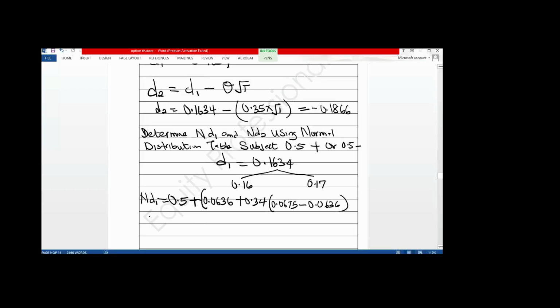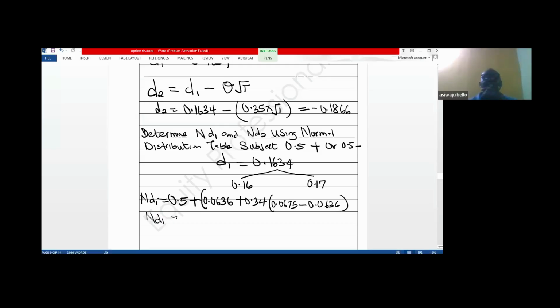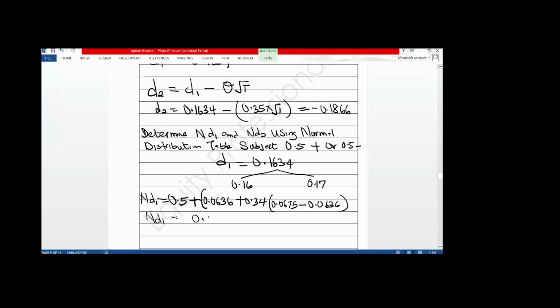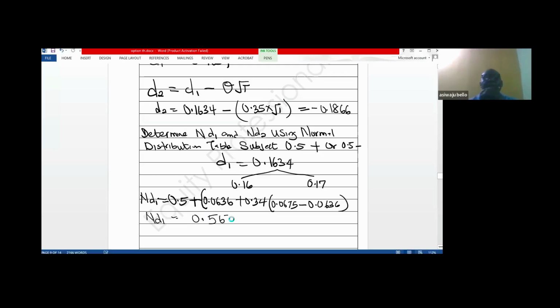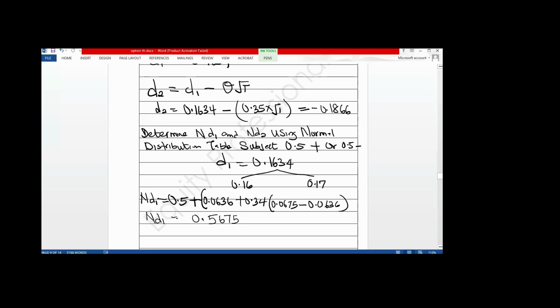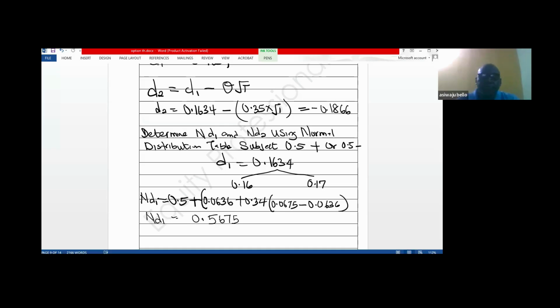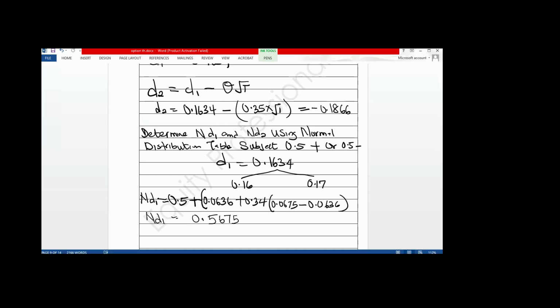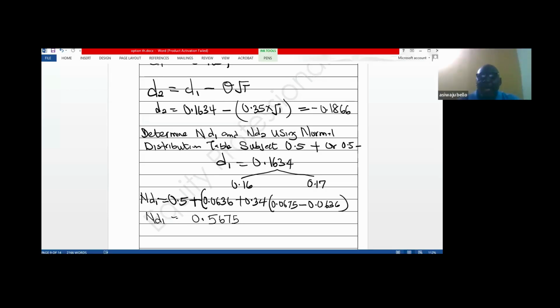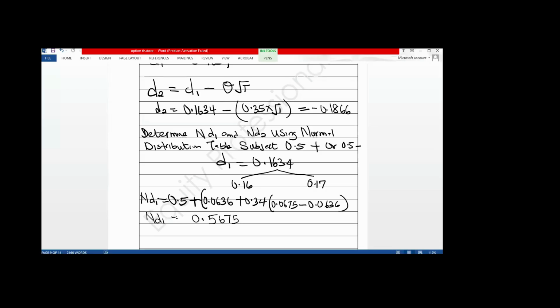ND1 is equal to 0.5675. Is this correct? I got 0.5649. You have the same figure. So I got 0.5649. Approximately 0.565.